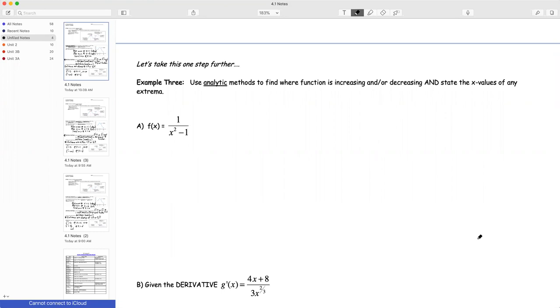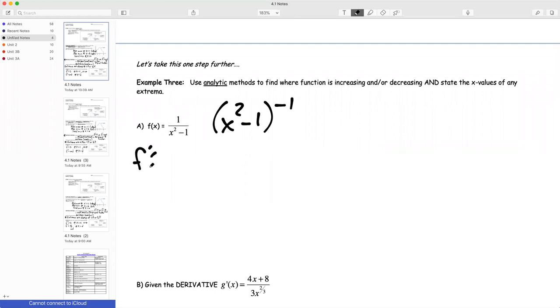All right, so here we go. First thing, you don't have to do it like this. You can do the quotient rule, but I'm going to write this as x squared minus 1 raised to the negative 1 so that I can use my good friend, the chain rule, to get the derivative.